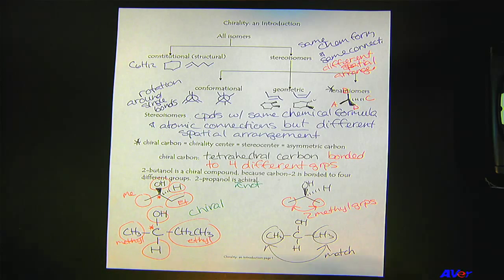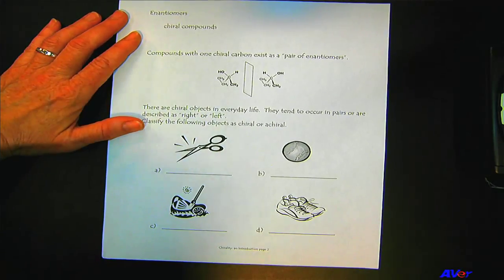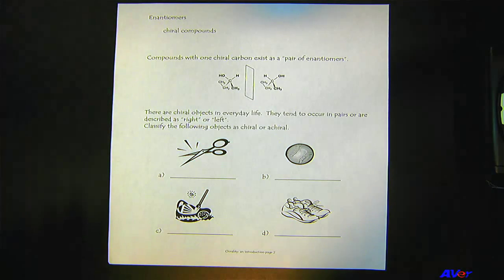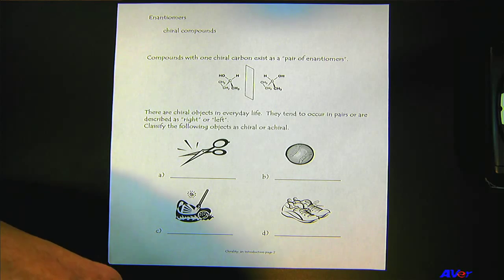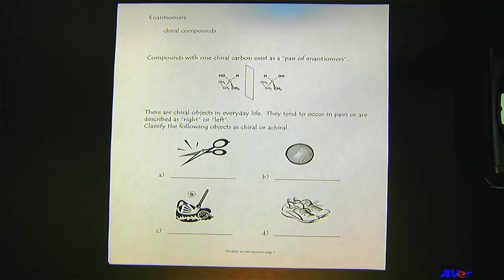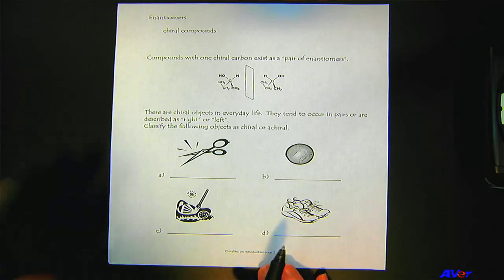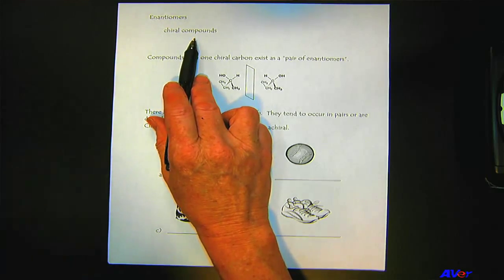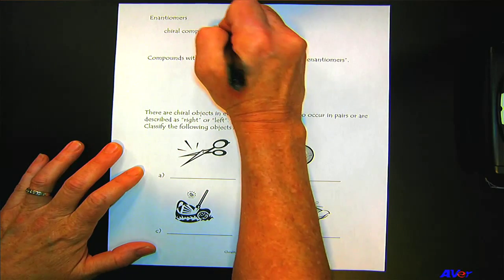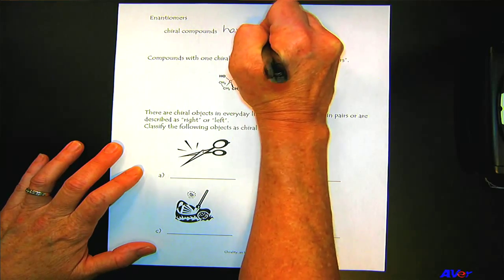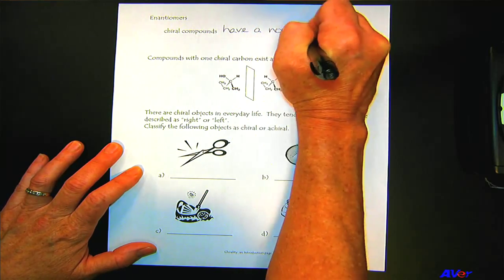Now that we know that, let's dig in a little deeper. So here is our next page. There's an interesting thing about chiral compounds. They will have a non-superimposable mirror image.